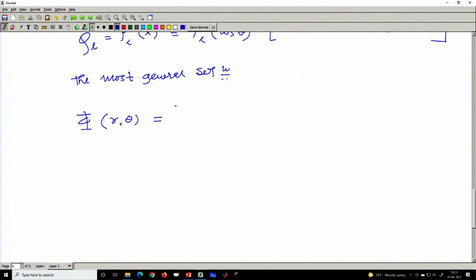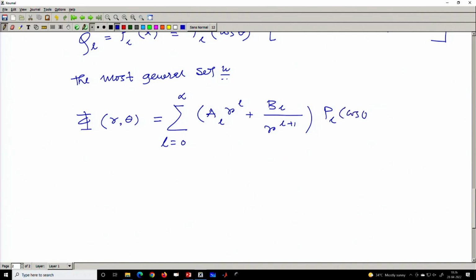So, it should be summation over L from 0 to infinity of A L r to the power L, this solution we already figured out, plus B L divided by r to the power L plus 1, multiplied by the Legendre polynomial, that is the solution for Q, P L of cos theta.